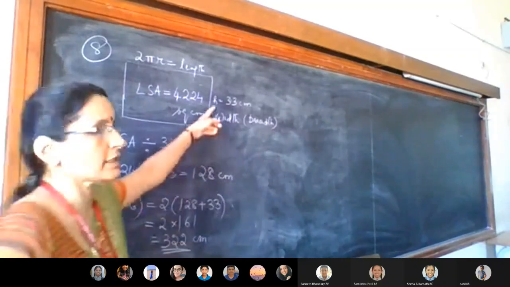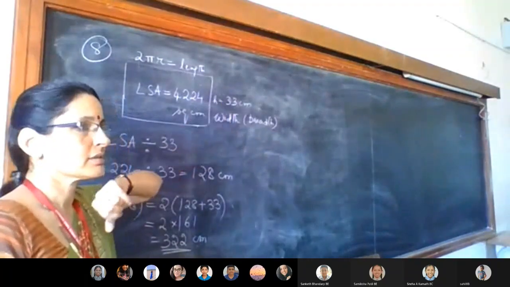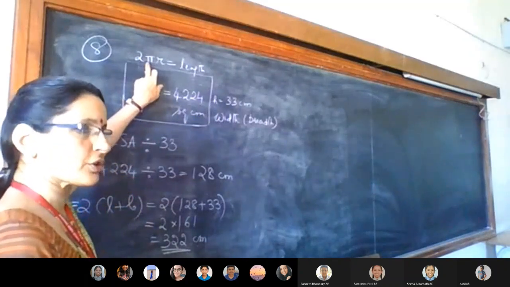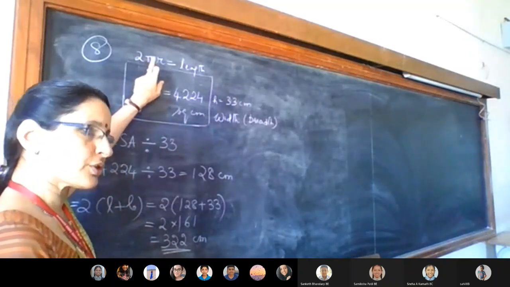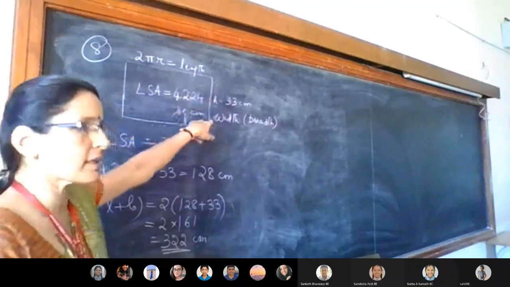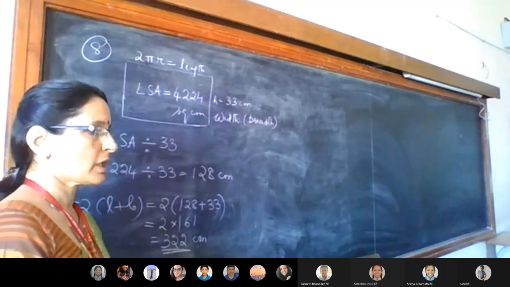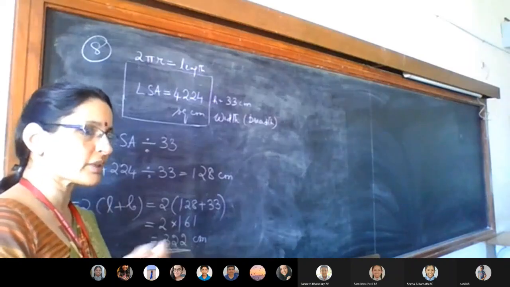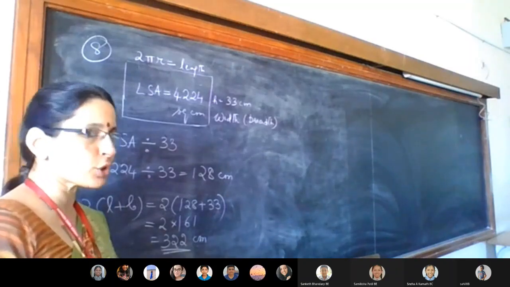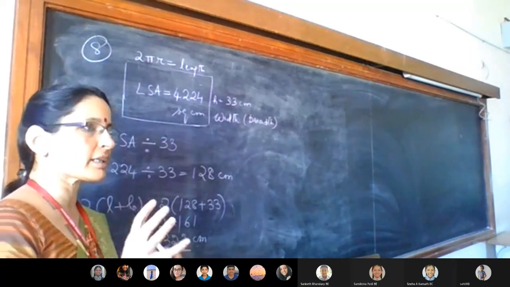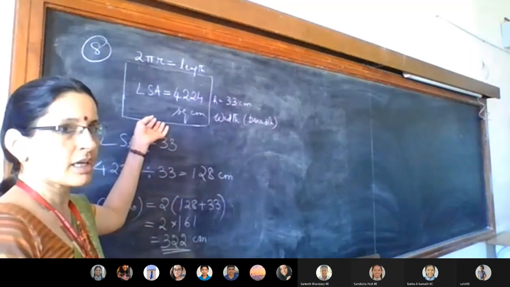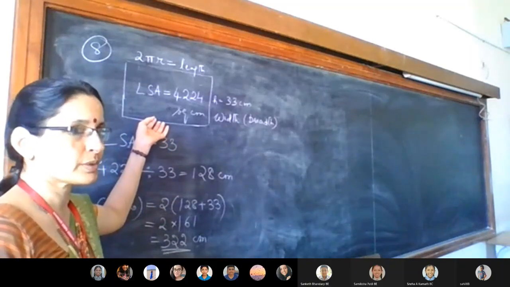H is this one. 2 pi r is known, so you can find R. So you can find R and H is there. Pi R square H is volume. Try to work on that. Need not be in the notebook, but you can try, so you will get some idea how, if a question is like this, to get the volume. Clear?